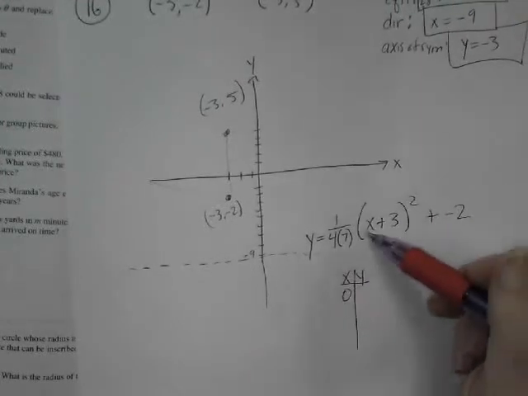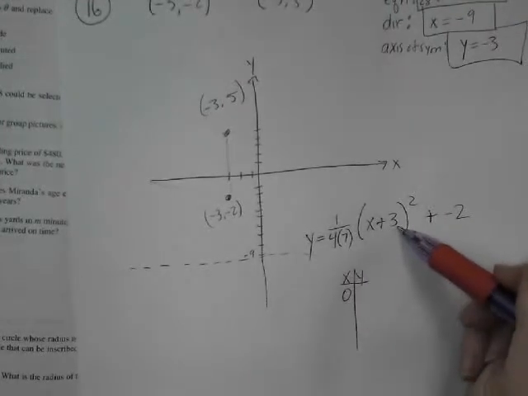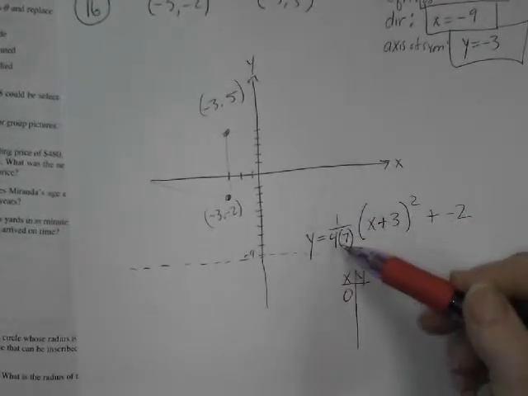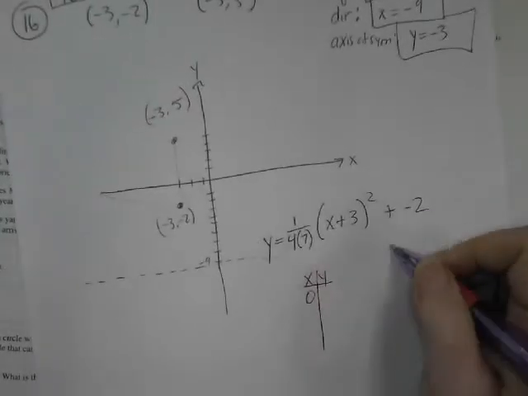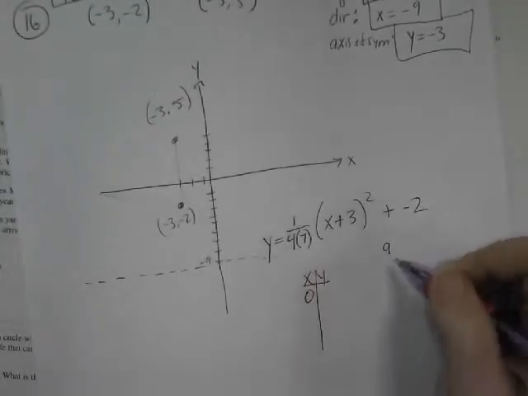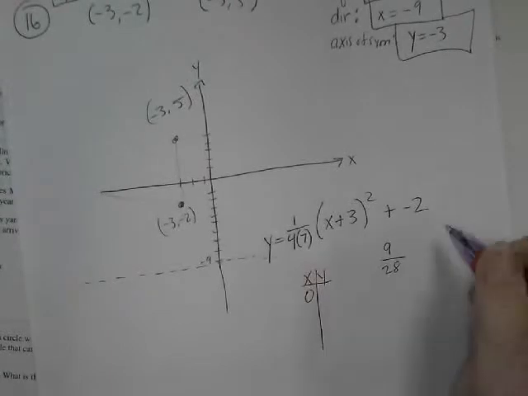So if I put in 0 plus 3, that would be 3, and 3 squared is 9, and 9/28 minus 2.